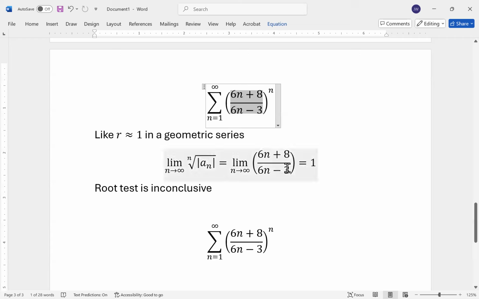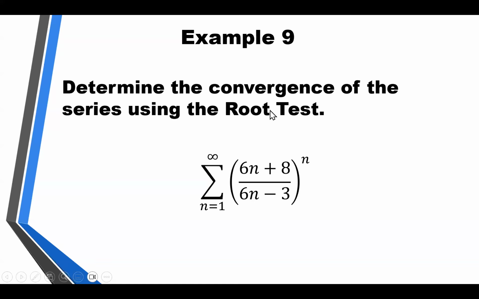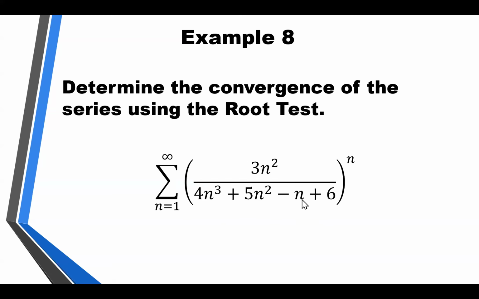I can figure that out on my own, but the root test doesn't tell me if it's a little bit above or a little bit below. So the root test is inconclusive on this one.